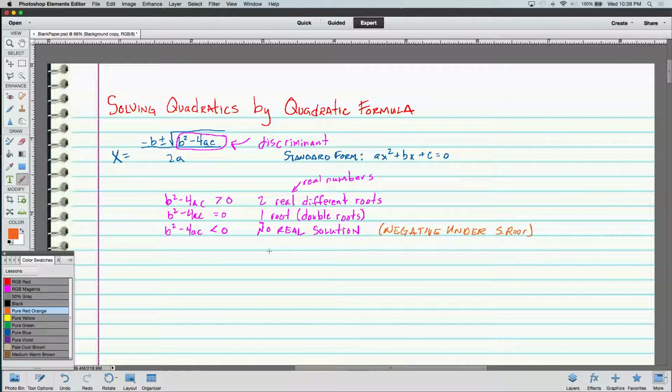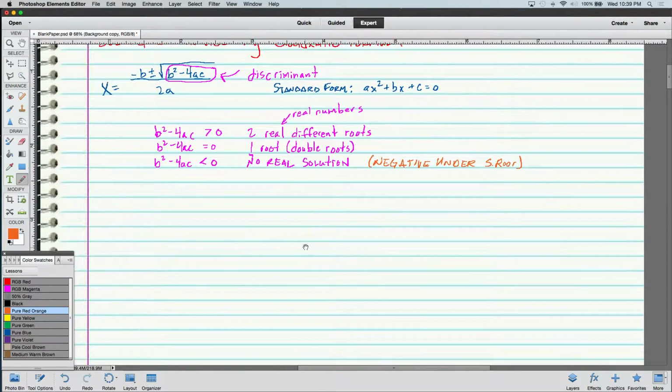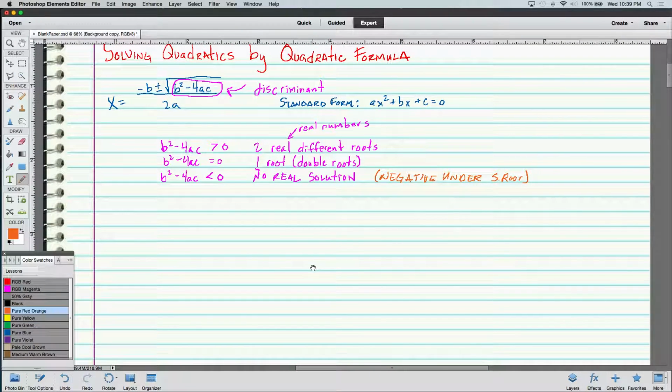Okay, so those are just a couple things to keep in mind before we start. There's not too many steps when it comes to solving quadratics using the quadratic formula. Basically, get it into standard form and then use the quadratic formula to solve for x.